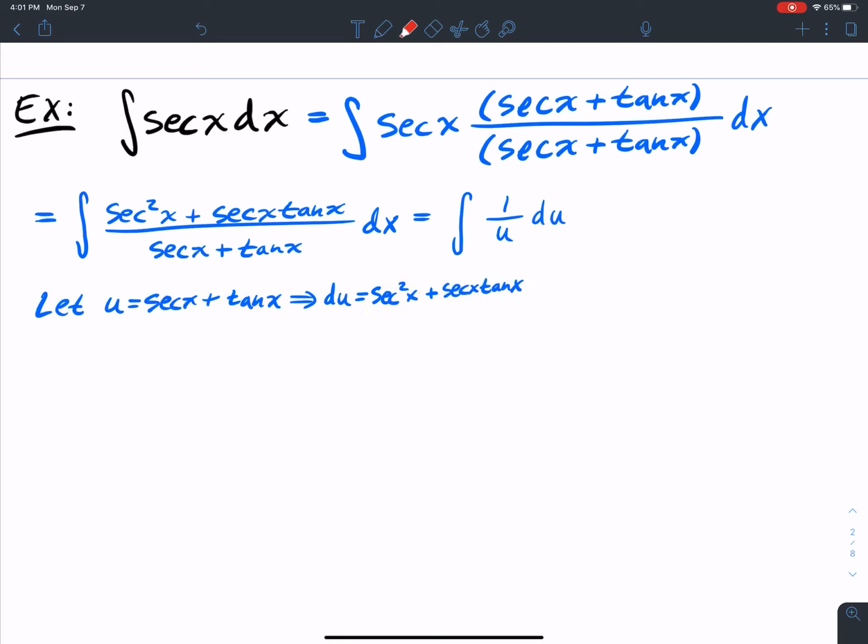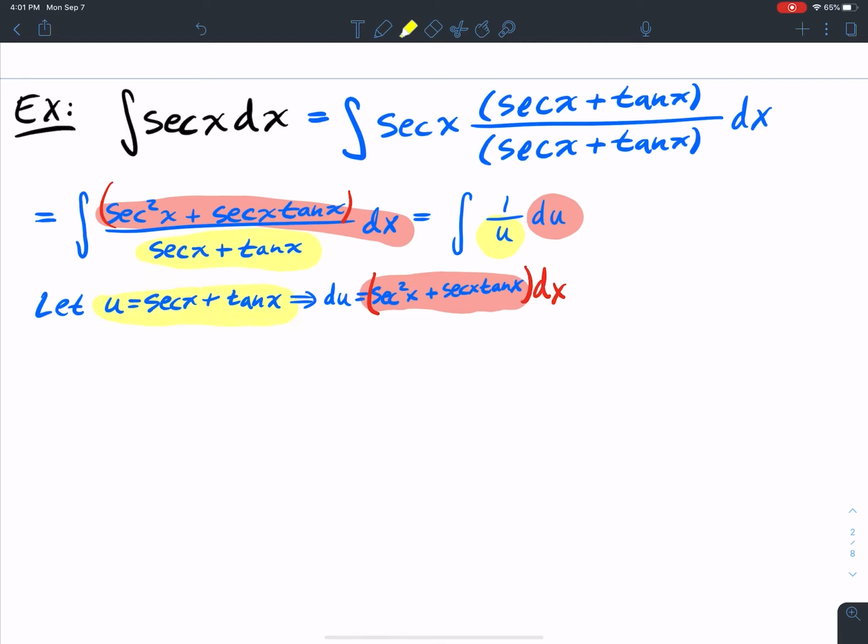So this becomes 1 over u du because this right here multiplied by the differential dx is the same thing that's going on up there. So I would just replace that with du, and then I replace this with u. So I have to integrate 1 over u.